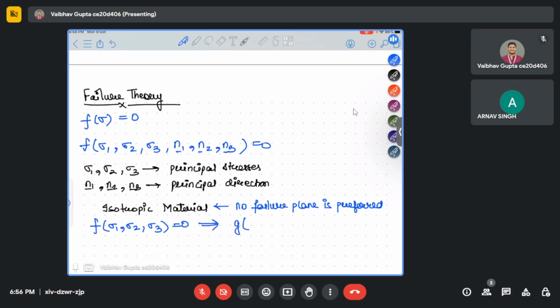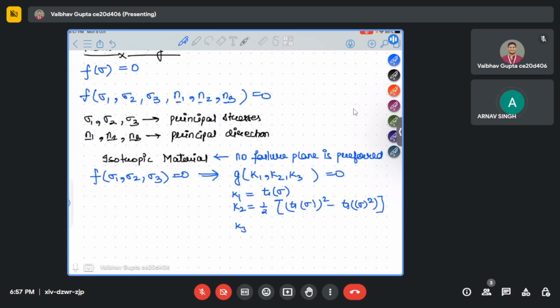So we'll write a new function which represents K1, K2, K3, where K1 is nothing but the principal invariant. What is K1? Trace of sigma. K2 is equal to half of trace of sigma squared minus trace of sigma squared. And K3 is determinant of sigma.